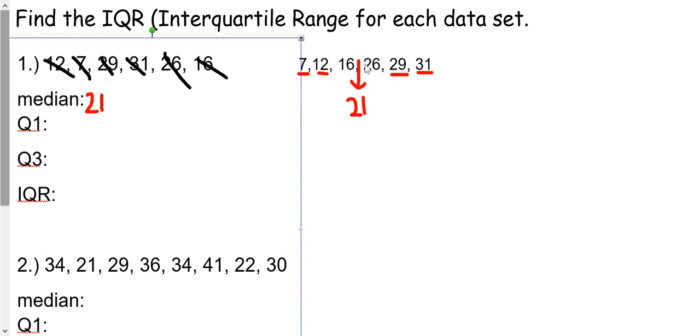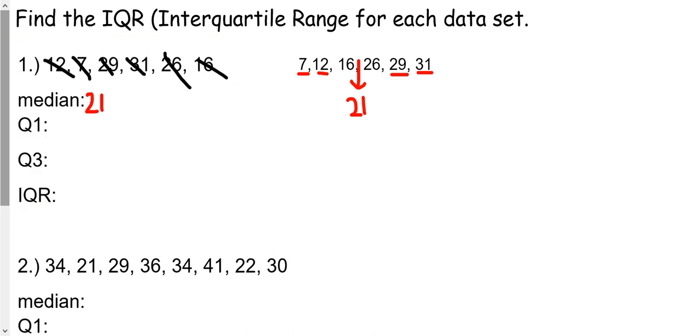When I have an even number of data set like this, where my median really is not in my data set, what I like to do in order to keep that straight is draw your little wings or whiskers like we did for the box and whiskers. However, you see that 21 is not included, but 16 and 26 are. That is how you need to do it with an even number of data points.